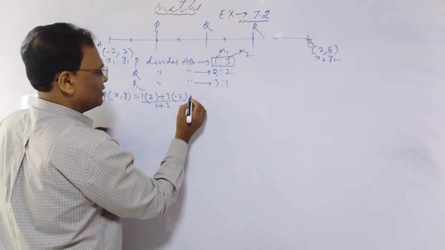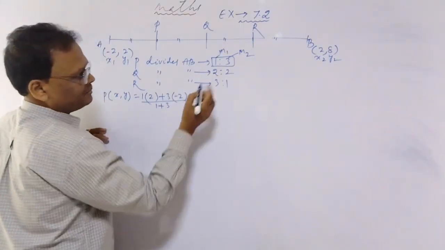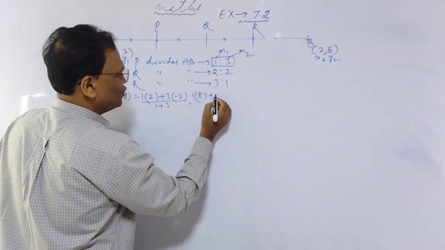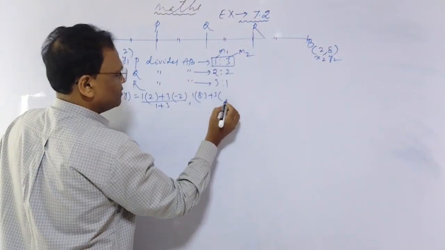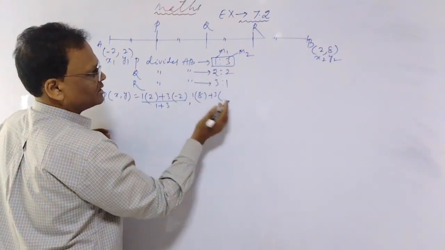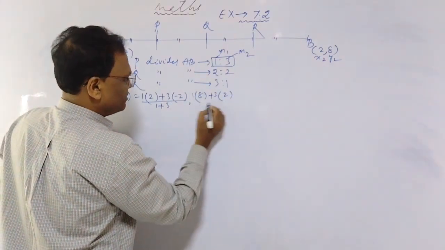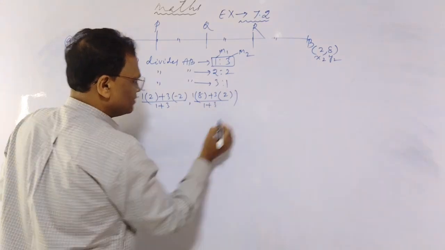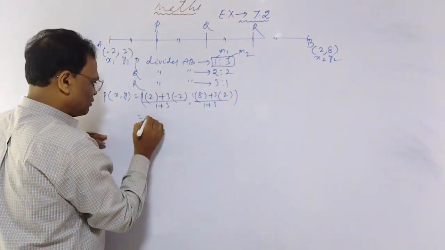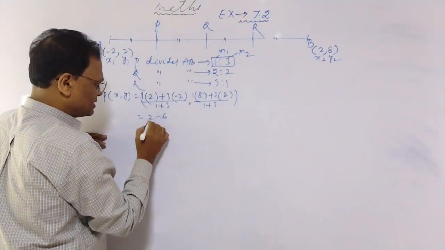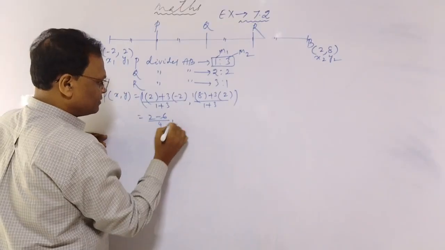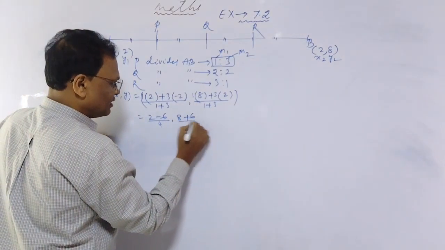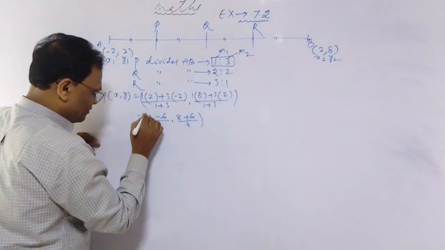Again, m1 y2 plus m2 y1 divided by m1 plus m2. So what I am getting: 1 2s are 2, 3 2s are 6, by 4. Again, 8 plus 3 2s are 6, divided by 4.